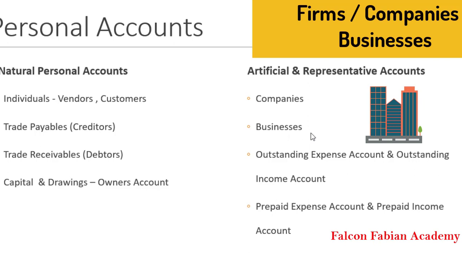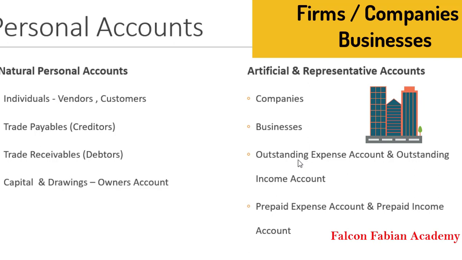So, if there is a name of a company or any other firm or any kind of business in the transaction, then the rule for personal account is going to be applied. The same rule is also going to be applied to outstanding expense account and outstanding income account. Now, what do you mean by outstanding?